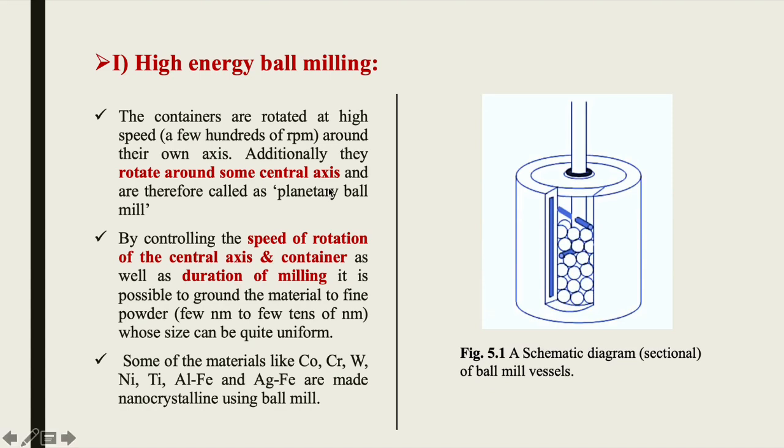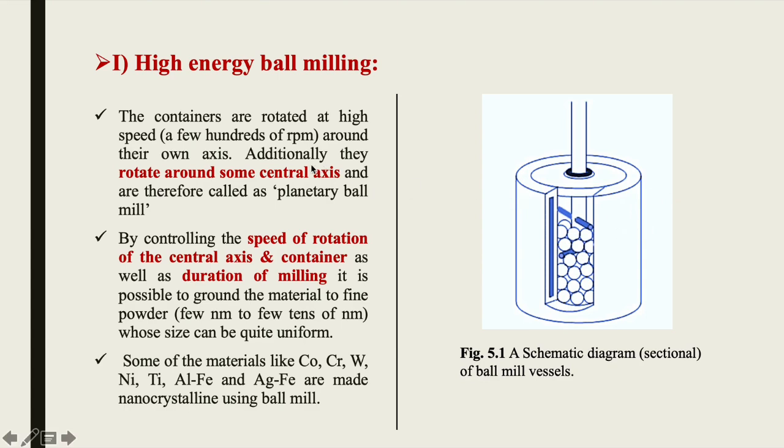This is the schematic diagram, a cross section of a ball milling vessel. You will have a container, which is half filled, and you cannot rotate this container at very high RPM. You have to keep it at a few hundred RPM around its own axis.